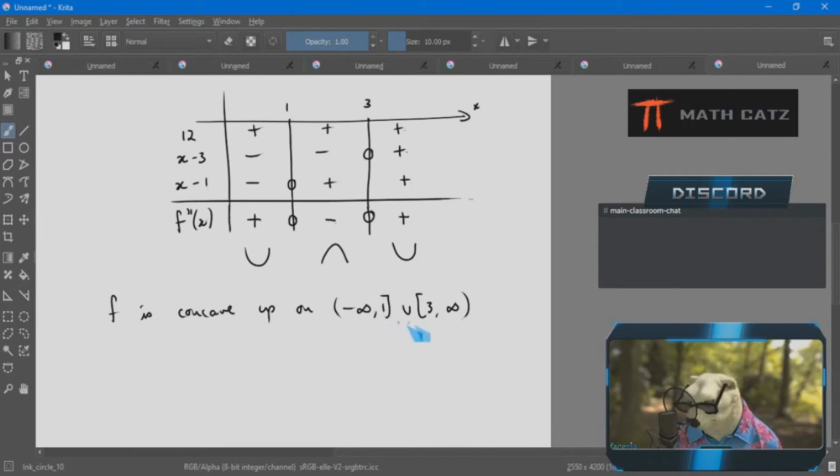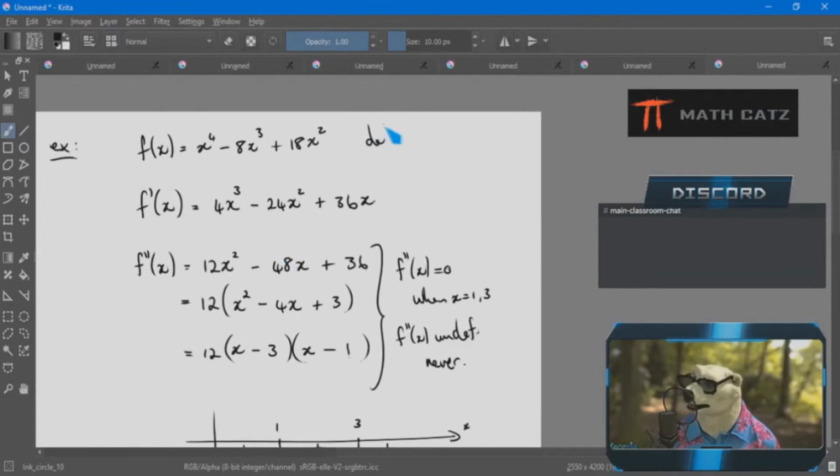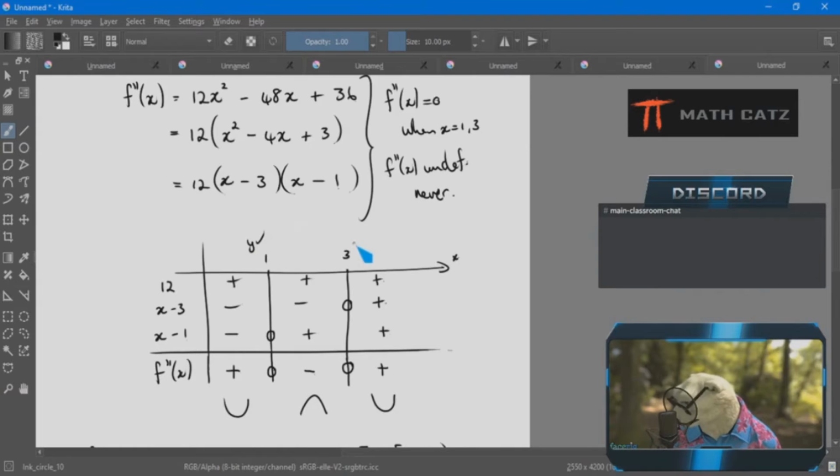Same rules for including the endpoints, because I have a polynomial. It's defined for all x values, which means I have y values here. I'm not going to bother calculating them. Plug it into your calculator, you get an answer. Do I have an answer? I actually do. Wow, look at me. I just didn't want to waste time to calculate it now.